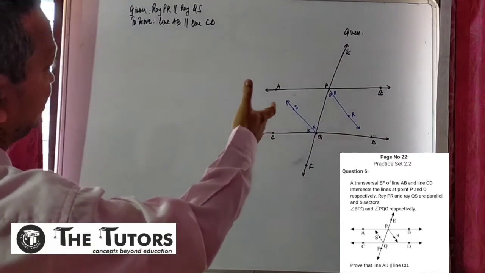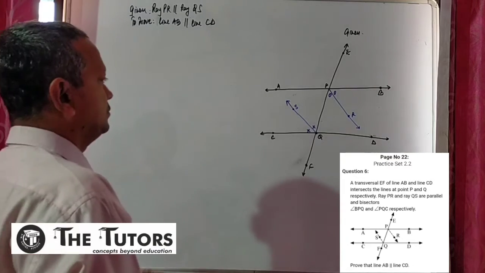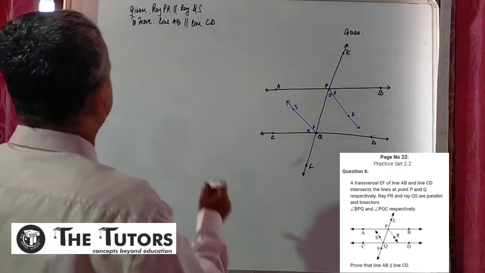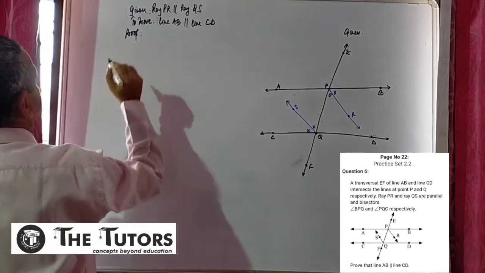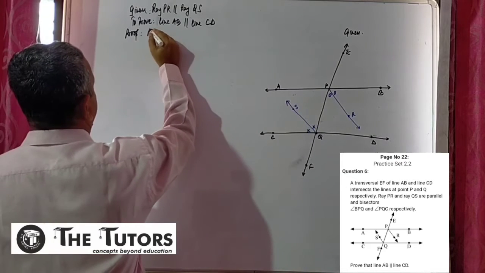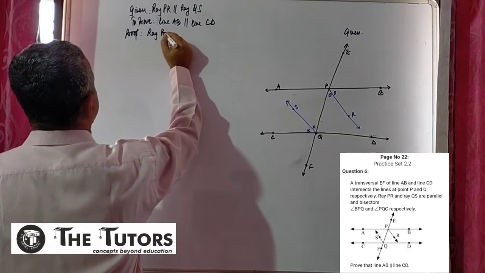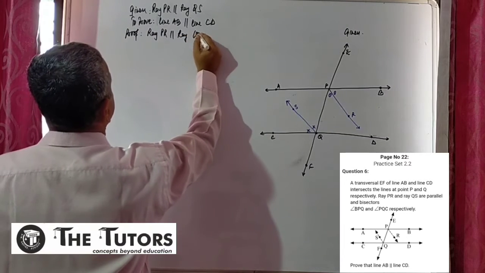Now the blue part is your given part here. Proof. Ray PR is parallel to ray QS.